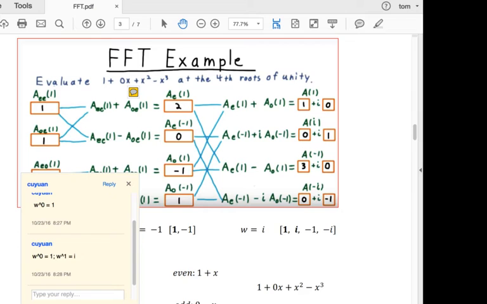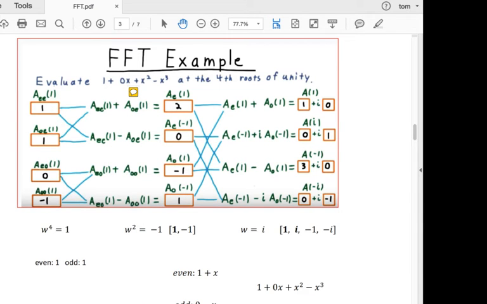For this part it's minus, so it's just a minus i. Is this clear? I hope it makes sense.